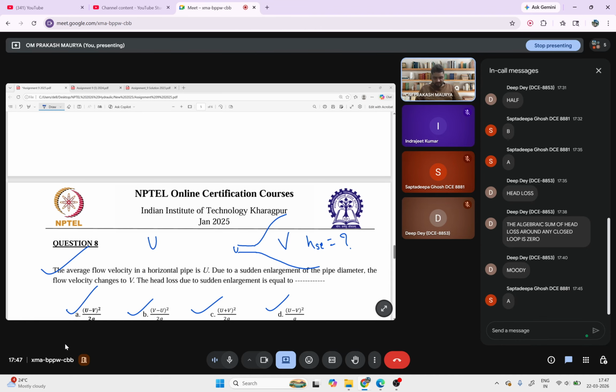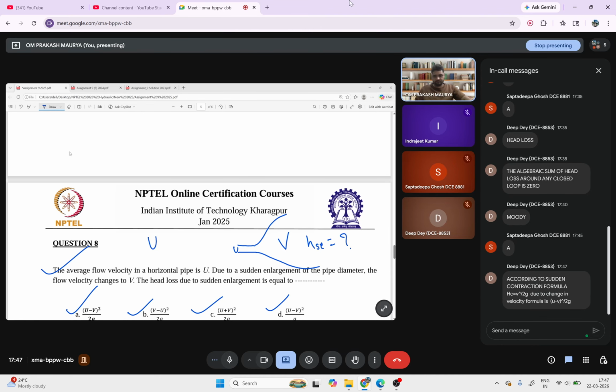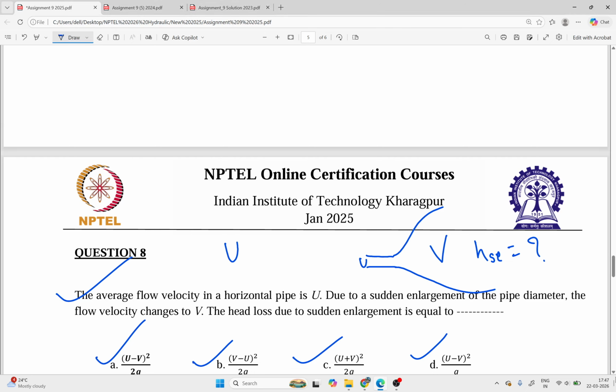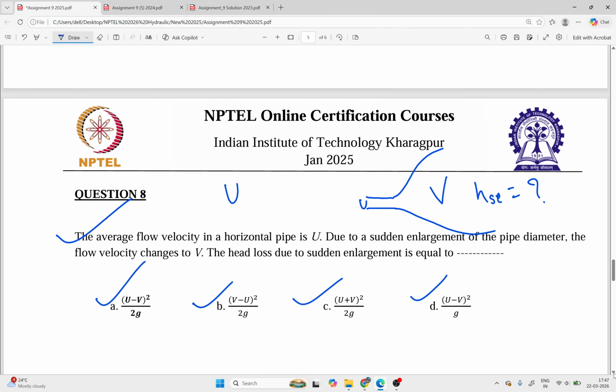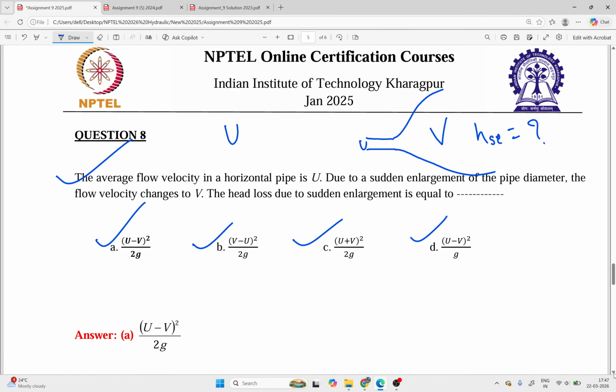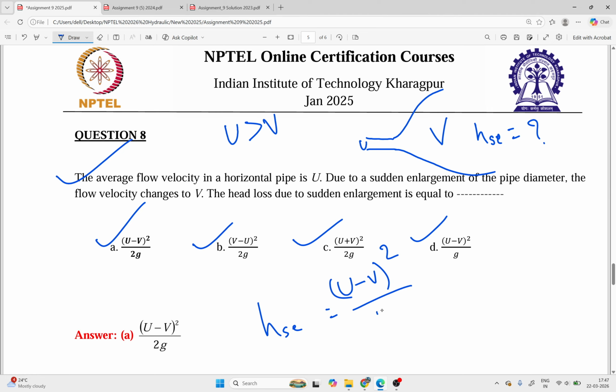Okay, let me show you. This is for sudden enlargement, your head loss. Your initial velocity u will definitely be more than v, so more minus less, just to remember, whole square by 2g.